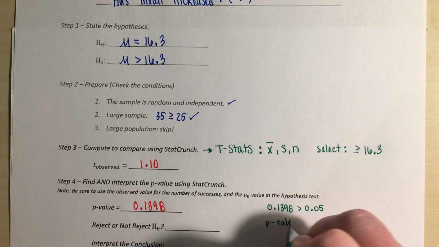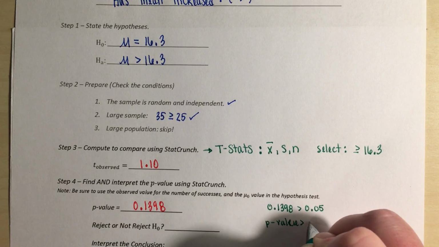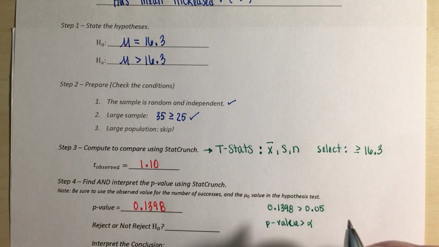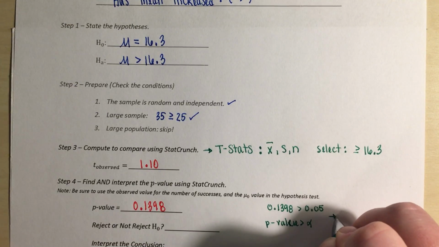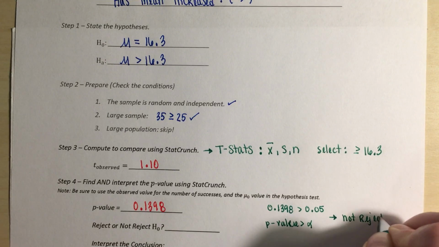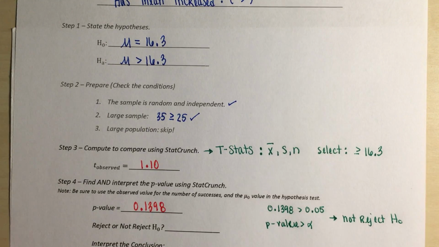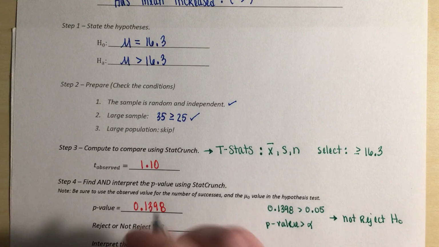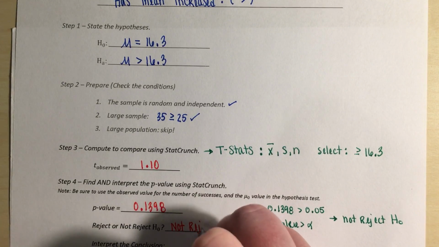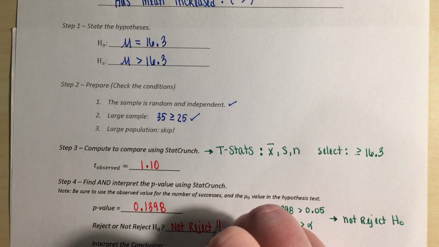So our p-value is greater than alpha, and that is going to tell us to not reject our null hypothesis.